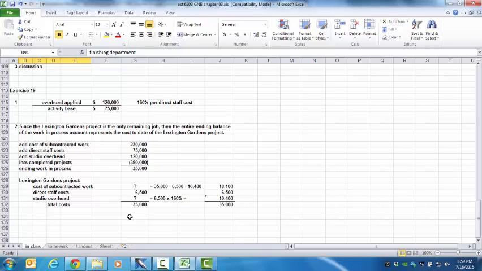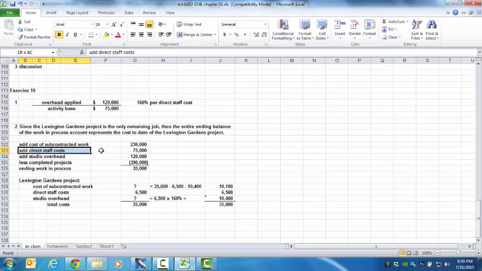If I go to a dentist, not everybody is getting a crown. One person can be getting a teeth cleaning, one could be getting a filling, and one could be getting a crown. Different supplies are used to perform the services, so we don't usually call it direct materials. In this case, they called it cost of subcontracted work.